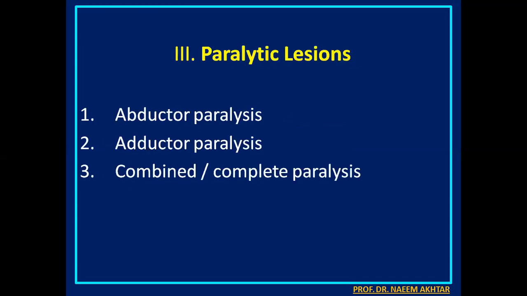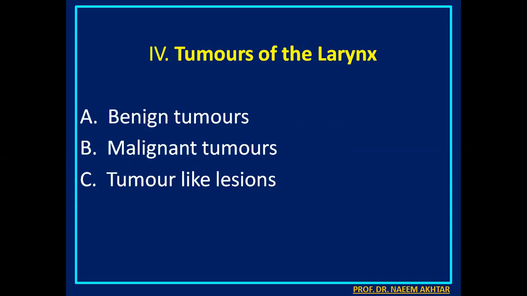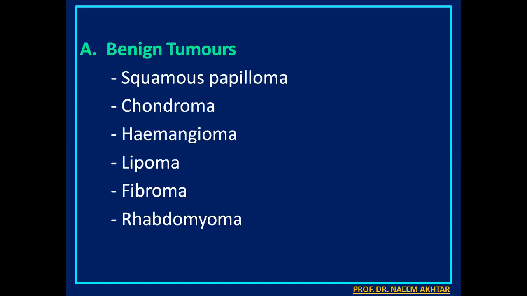In paralytic lesions, we will discuss abductor paralysis, adductor paralysis, and combined or complete paralysis. In tumors of the larynx, we will discuss benign tumors, malignant tumors, and tumor-like lesions. In benign tumors, we will discuss squamous papilloma, chondroma, hemangioma, lipoma, fibroma, and rhabdomyoma.